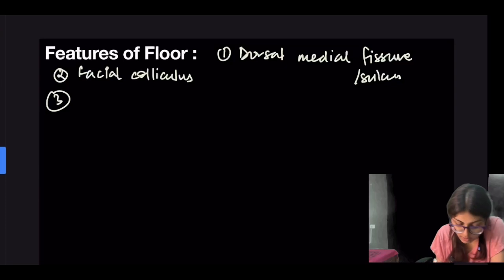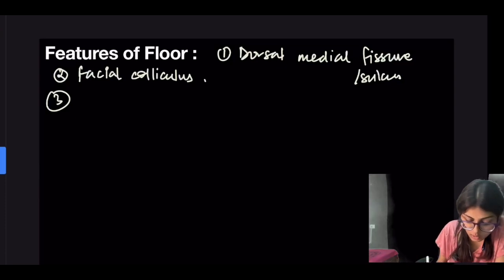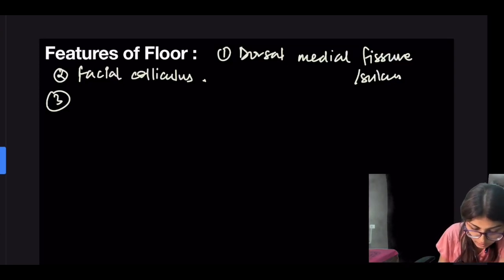We see all these in the diagram only. So first is the dorsal median fissure or sulcus, second is the facial colliculus, and third is the medial eminence.